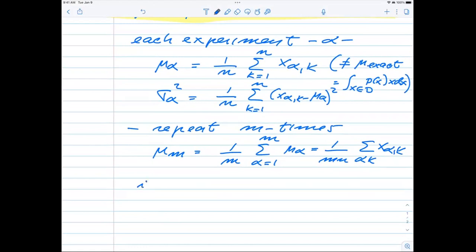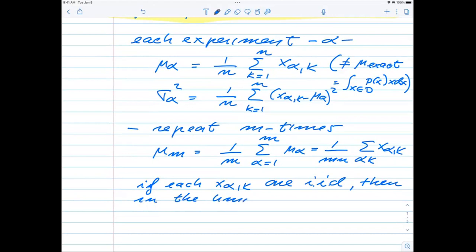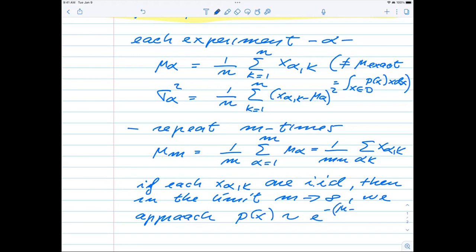So if each of these events, if each x alpha k, the observations we have, are what we call in statistics IID, which means that they are independent of each other and identically distributed, then in the limit m goes to infinity, we approach a probability p of x, which is going to be proportional to e to the minus x minus mu squared divided by 2 sigma of m squared.